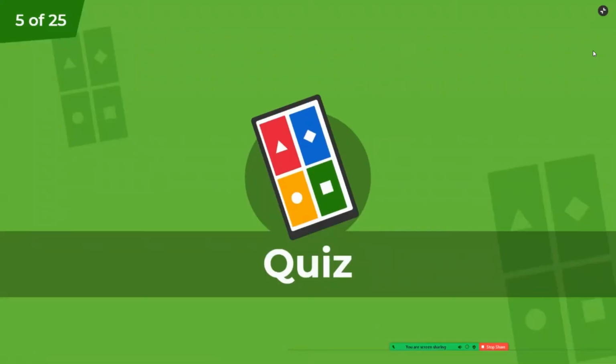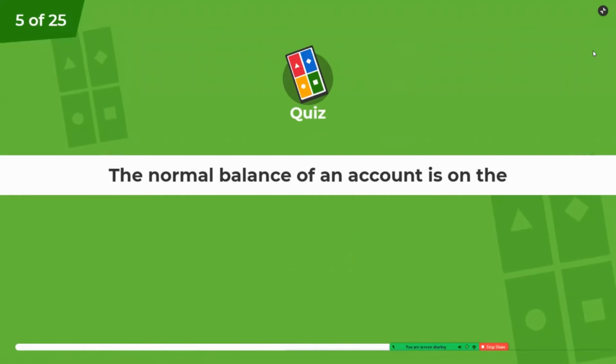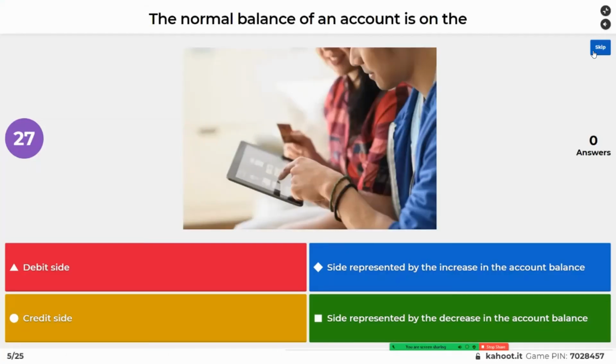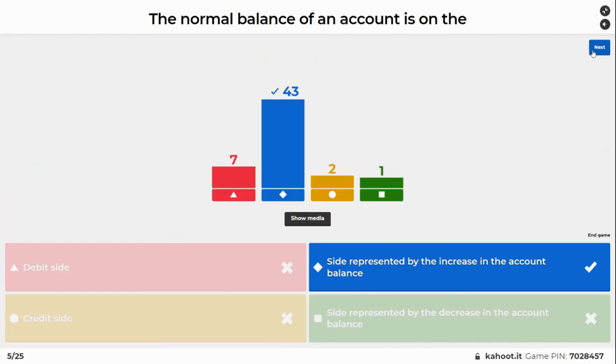So the normal balance of an account is on the okay, so the answer is the side represented by the increase in the account balance.